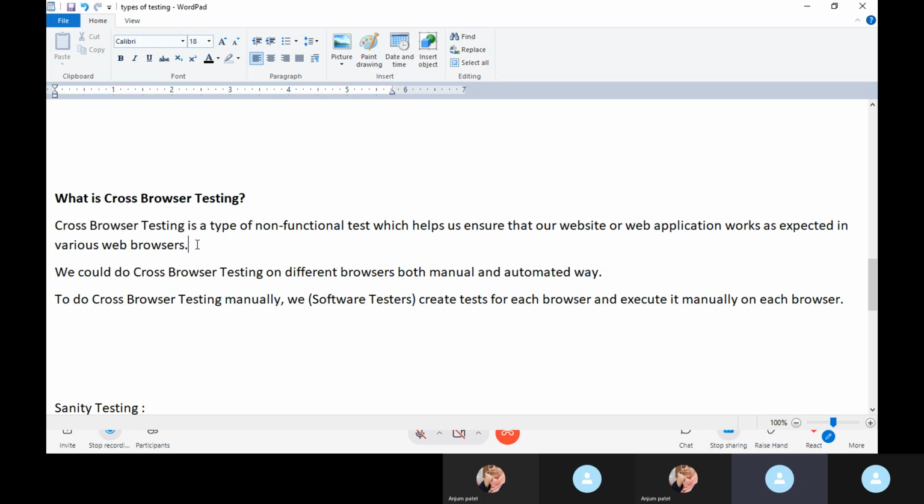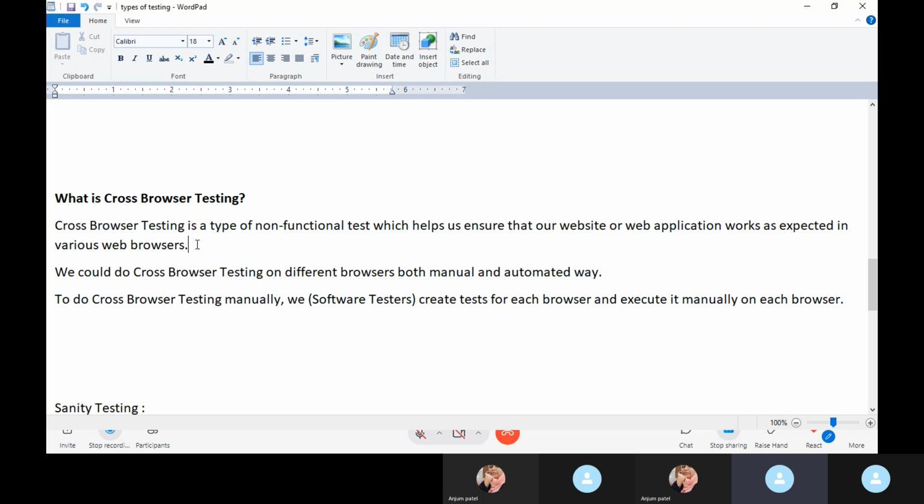This is known as cross browser testing. You are verifying that the application behaves in the same way in different browsers or not. You just need to know the concept.